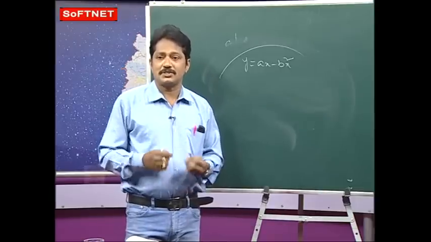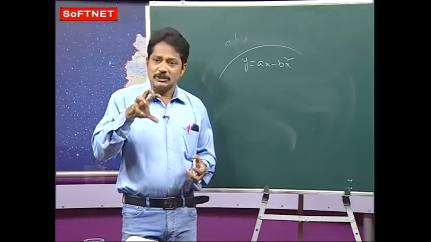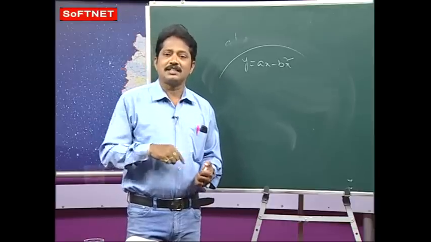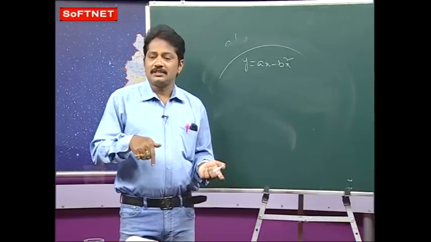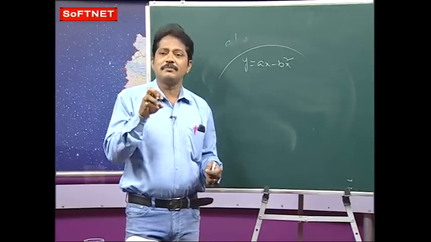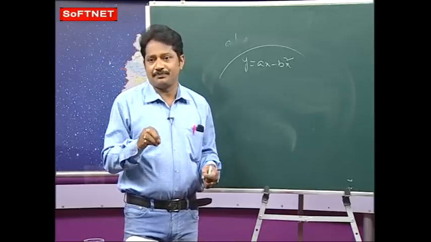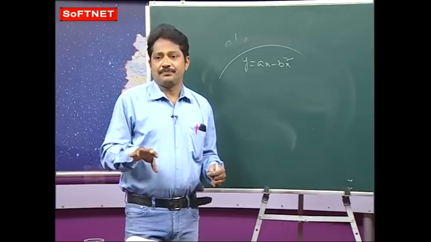Even in chemistry also. For example, in atomic structure, the electrons are revolving around the nucleus. The nucleus is a combination of protons and neutrons. Protons have positive charge and neutrons have neutral charge. Correct?